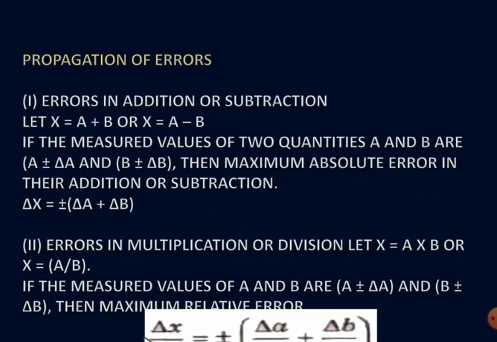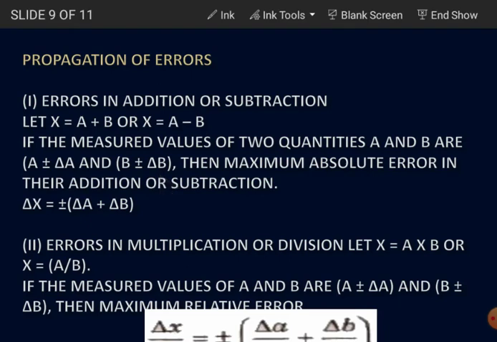Now here, see, if the measured values of the two quantities a and b are a plus minus delta a and b plus minus delta b. Suppose in a measurement, a is taken as the length of a pencil. Let me draw the pencil somehow like this, just a rough one.